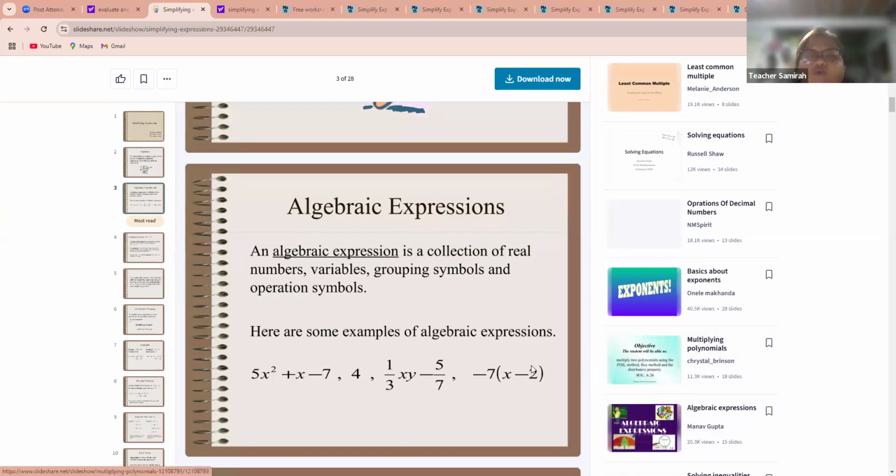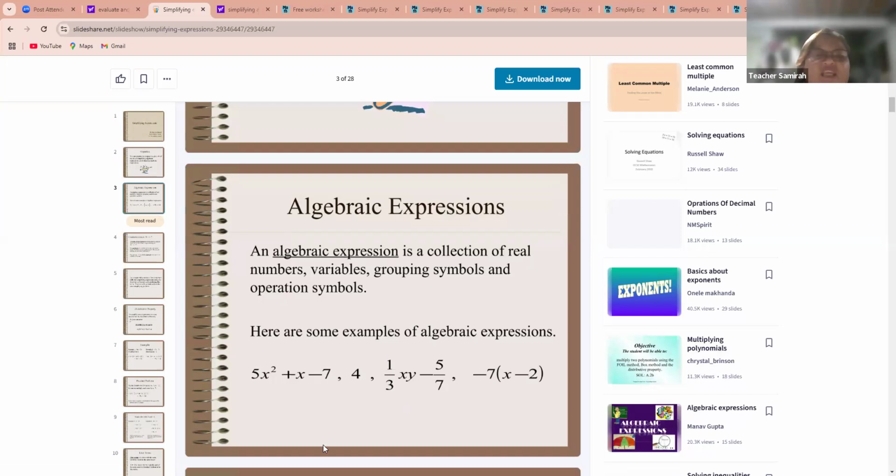Grouping symbols, what are those grouping symbols? Parentheses, brackets, so these are grouping symbols. And operation symbols, what are operation symbols? Who can tell me what are the operation symbols? We are doing that one every now and then.